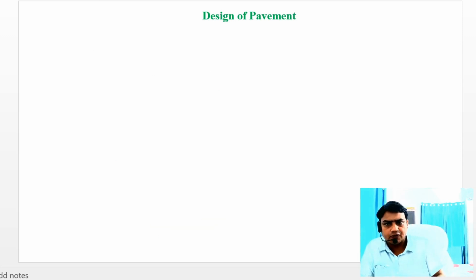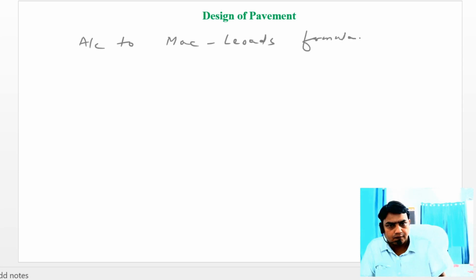So according to MacLeod's formula, P1 N1 is equal to PS into N2. So P1 is given how much? 10,000 axial load, so 10,000 into number of repetition is 1 million.